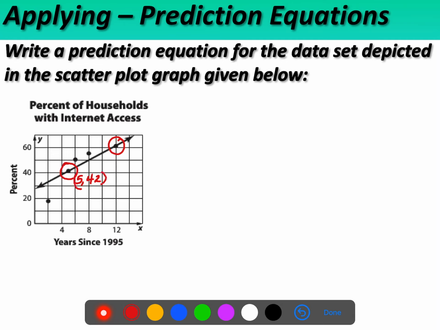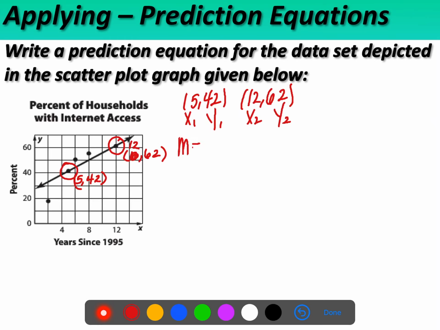And this one, I would say 12, 62. So 5, 42 and 12, 62. I'm going to use these as my x1, y1, x2, y2, and I'm going to find the slope of this best fit line.